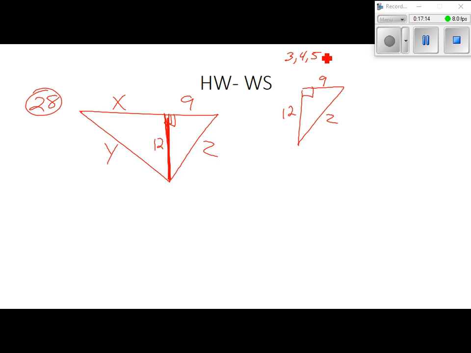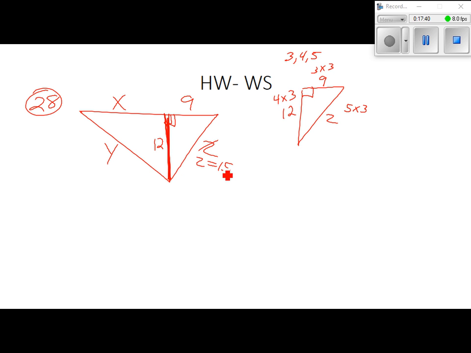What are we doing to that to get up to 9? Multiplying it times 3. This has to be the other leg, so that's 4. What are we doing to it? Times it by 3. So on this one, this is the hypotenuse. It has to be the 5. What do you got to do to it? Times it by 3. What is 5 times 3? So Z equals 15. We could do it that way.